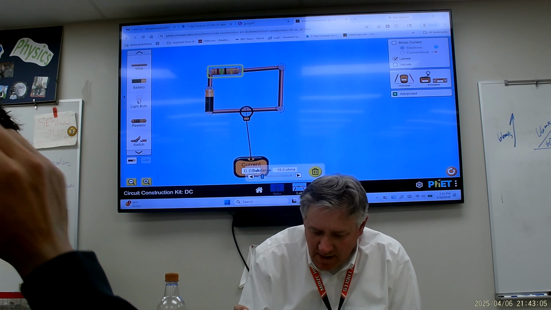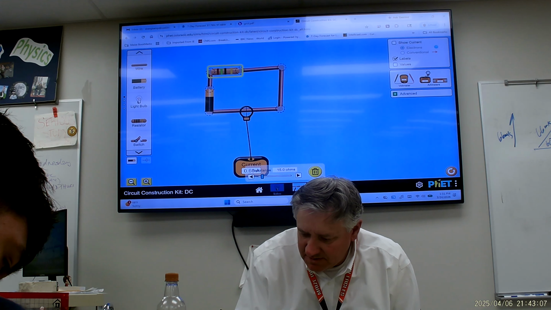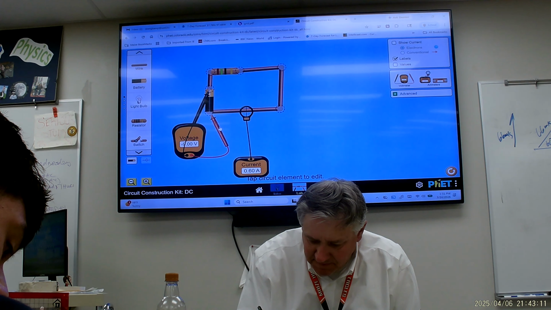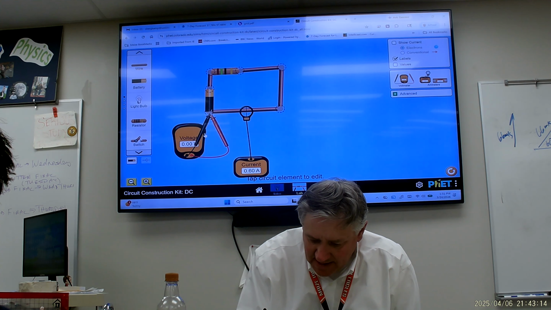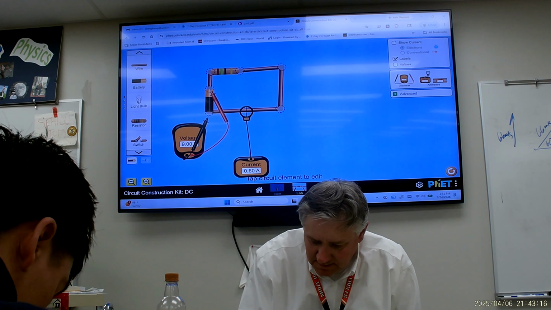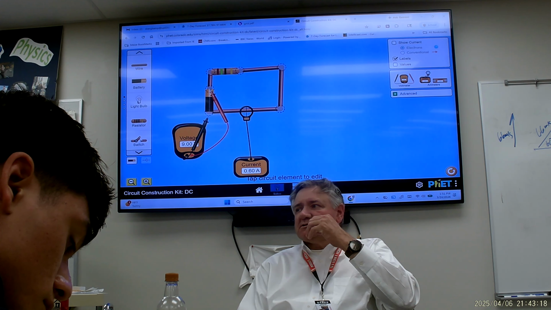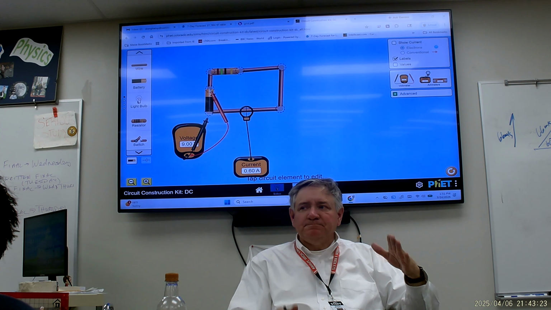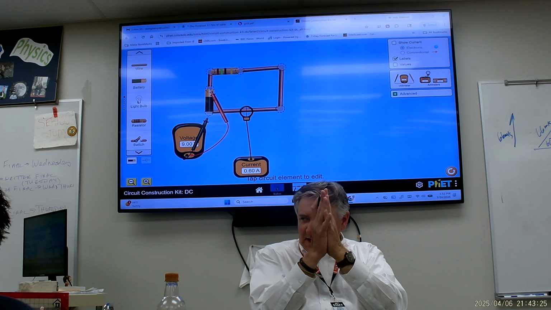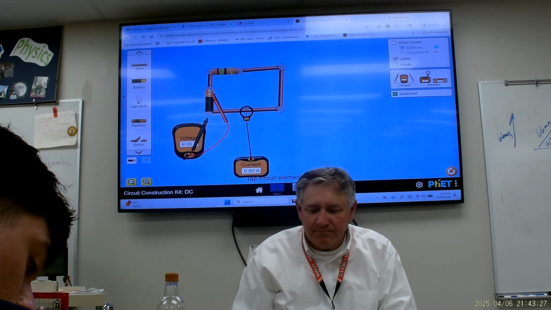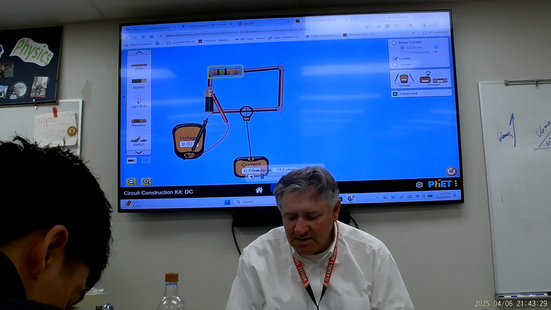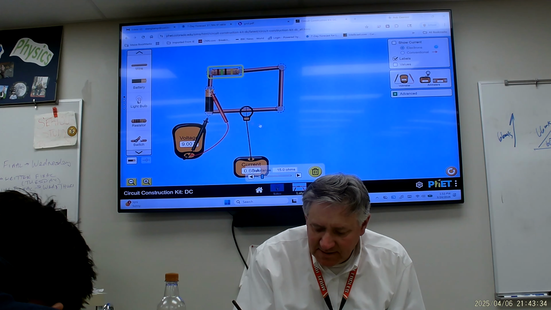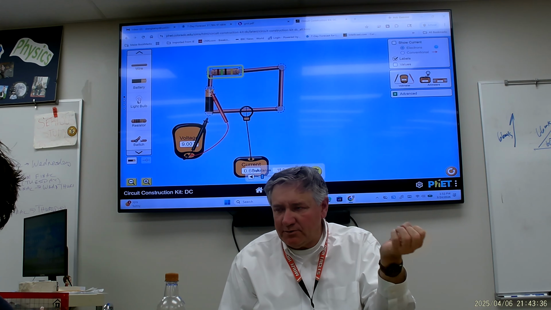So right now I've got a 15 ohm resistor, and if I were to measure the voltage across the battery, notice that it is 9 volts. Okay? So it's just a simple 9 volt battery. If you look at trying to burr this up, my voltage is going to stay the same. Now, this happens to be a 15 ohm resistor, so I can determine the theoretical value of the current.